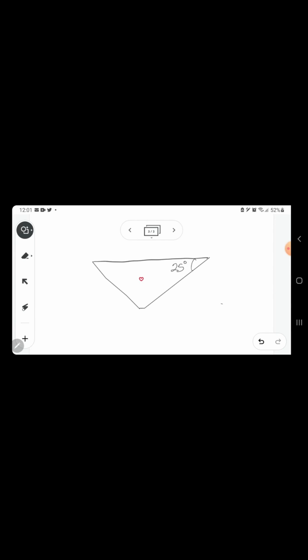For instance, that's 25 degrees, that's 130 degrees, and you are told this is x. What's the value of x? All you need to write down is this: 130 add 25 add x equals 180 degrees, because you should know that the three angles of a triangle must add up to 180 degrees.